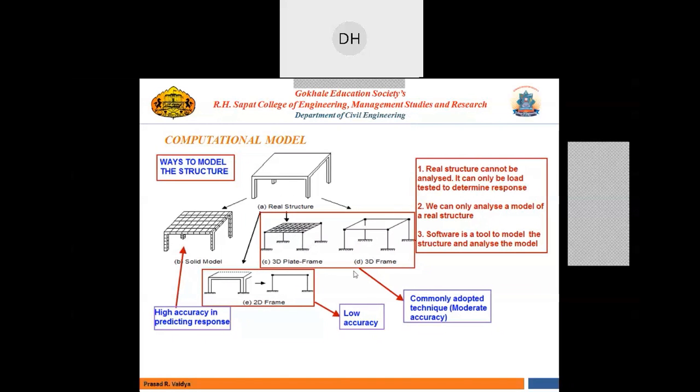Now, where will the software stand? The software will be somewhere here, right? So these are the two types which we will use in the software modeling, and this other one is used for research purposes.